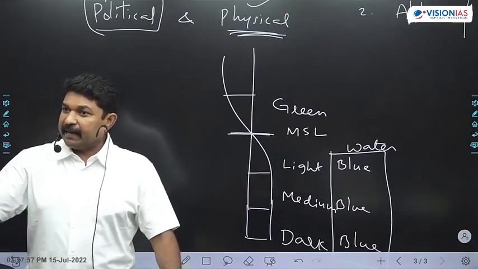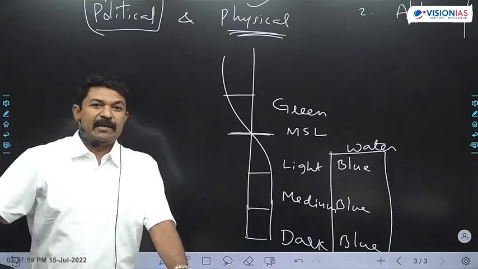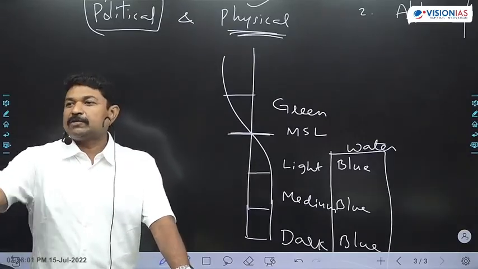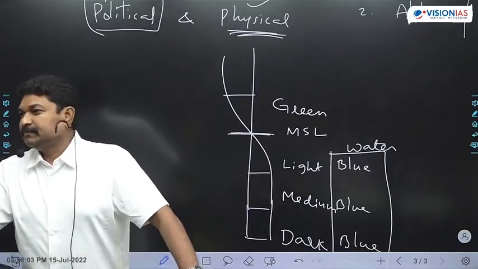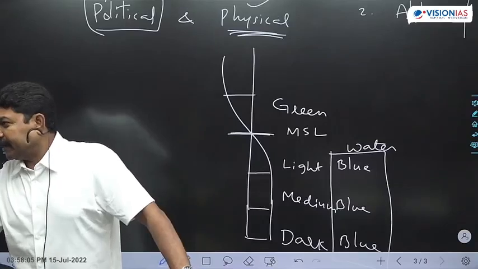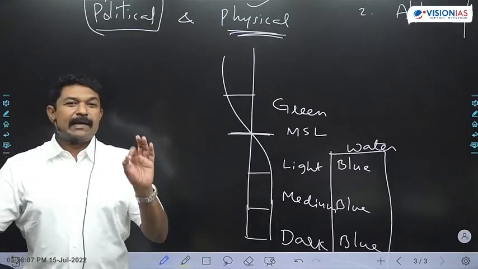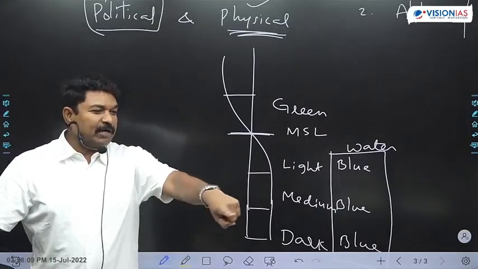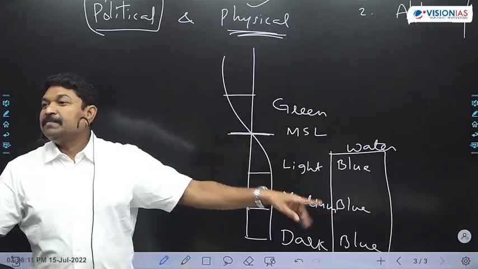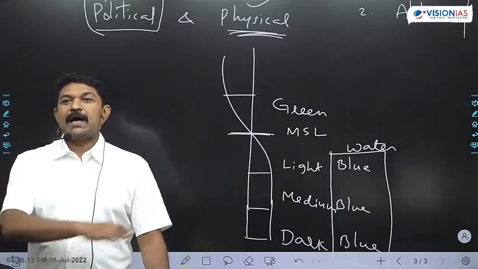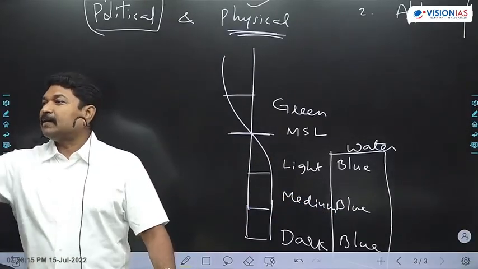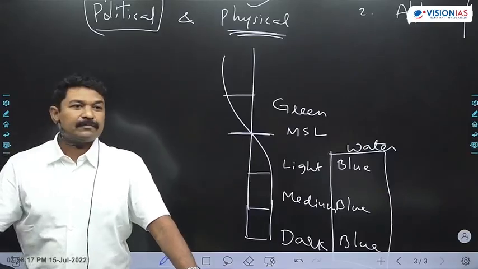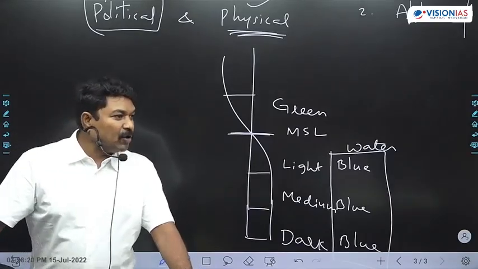It is the area which is close to the mean sea level. Normally, the areas which are close to the mean sea level are the plains. Is it clear? What does that green color represent? Wherever you are seeing the green, imagine that all the areas are almost flat and they are close to the mean sea level.